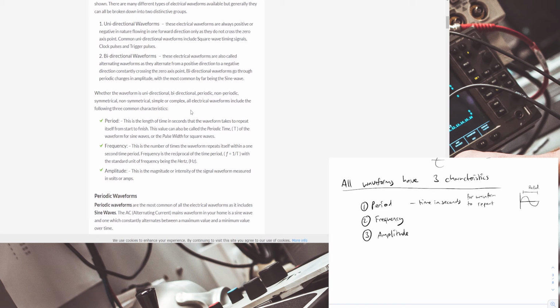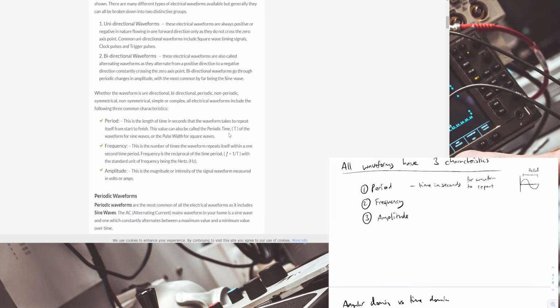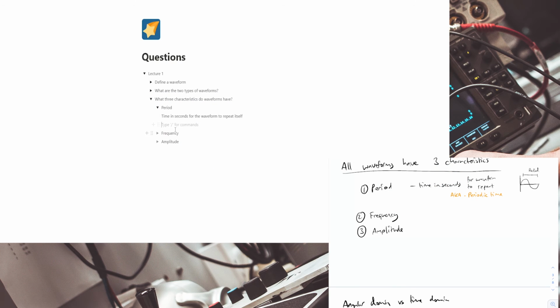Okay. So the value can also be called the periodic time. Okay, so let's put this here. So, aka periodic time. Just make some space here. So time in seconds for the waveform to repeat itself, also called periodic time.